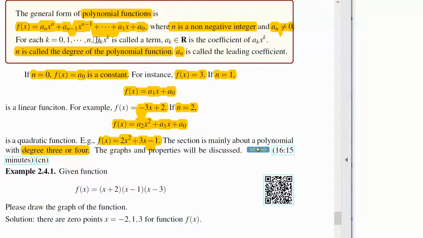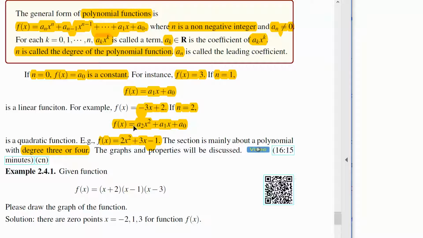And here we have a k times x to the k, and a k is called the coefficient of this term. So here, the coefficient of x is negative 3, which is also the leading coefficient.